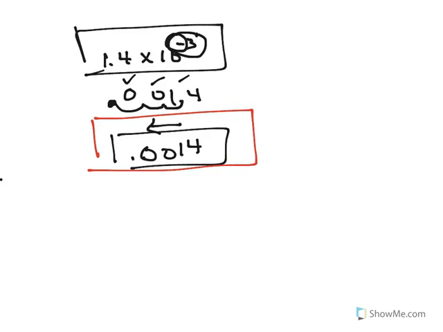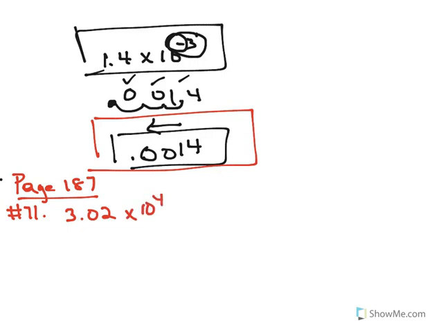Okay, so I would like to do page 187, so you're going to have to trace back. I'm trying to cover this section a little bit out of order, but I think it just makes more sense. So problem number 71, you have this particular number written in scientific form, and you need to write it in standard notation.